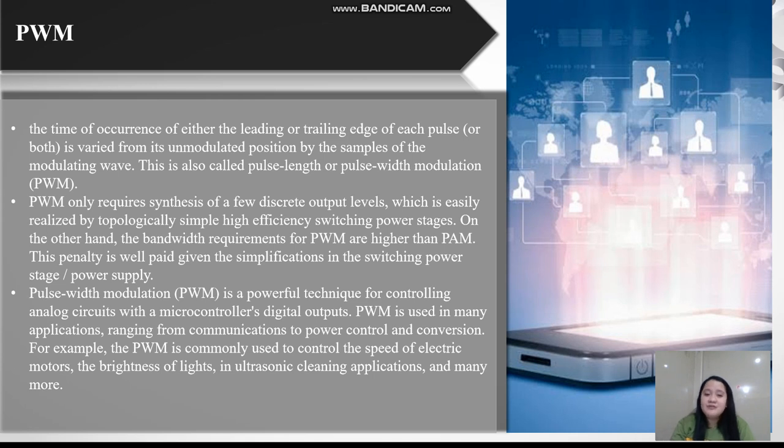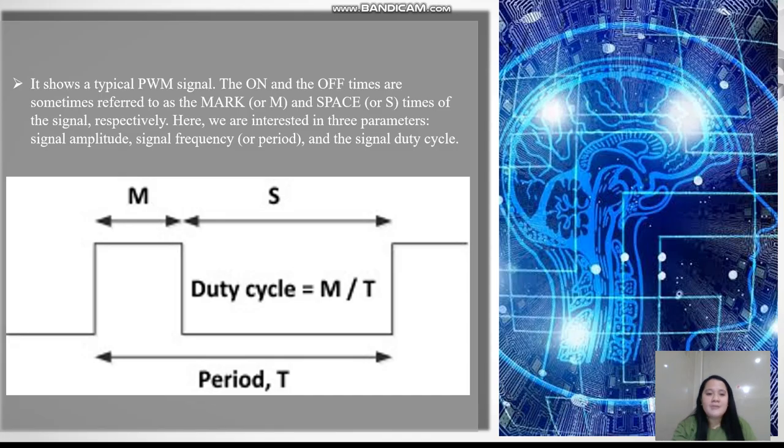It is a powerful technique for controlling analog circuits with microcontroller digital outputs. PWM is used in many applications ranging from communication to power control and conversion. So you can see here is one of the samples that the PWM is commonly used to control these types of applications.